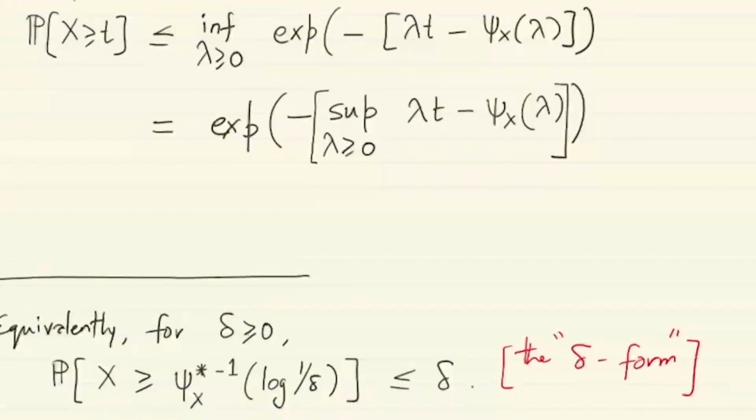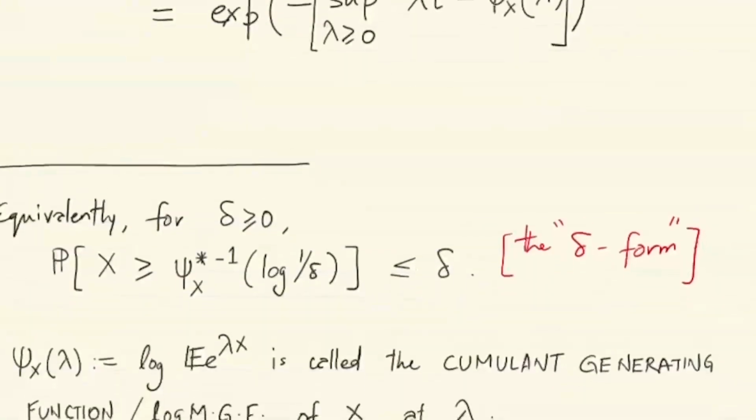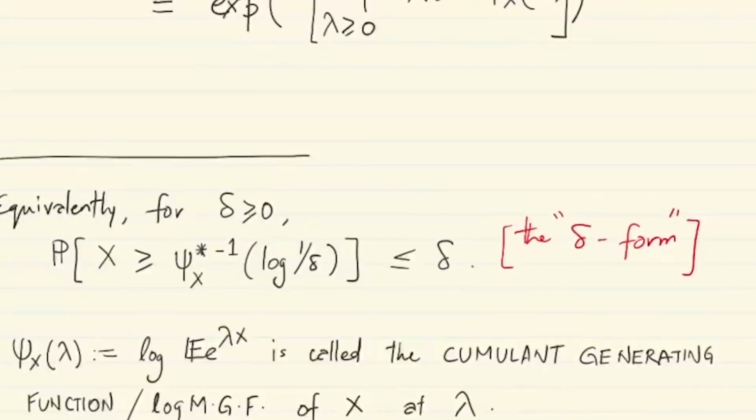Okay, so you get what looks like an exponentially decaying tail bound for the probability of x exceeding a level t, which has the interesting property that the bound itself is the solution to an optimization problem.